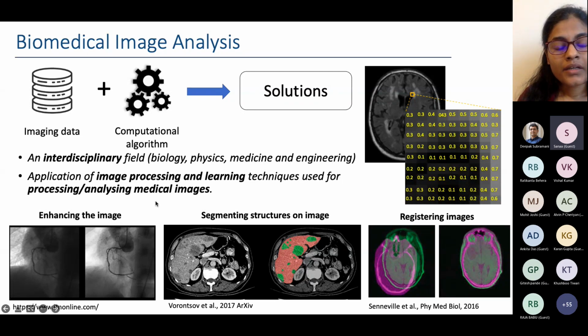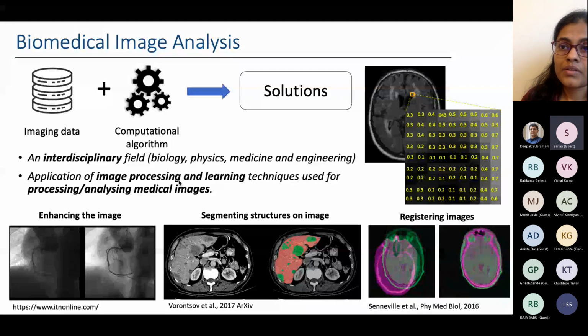So again, it is an interdisciplinary field which combines knowledge from various fields such as biology, physics, medicine, and engineering, because we need expertise on the anatomical structure of various organs to know what we are dealing with, and on the disease progression to know what kind of signs and pathologies we are looking for related to a disease.